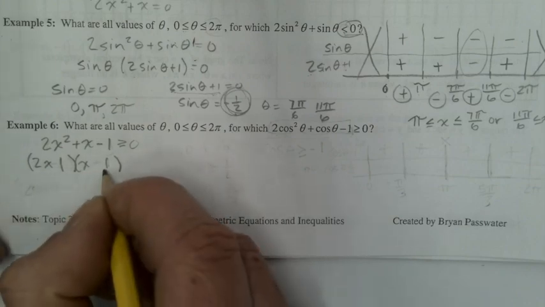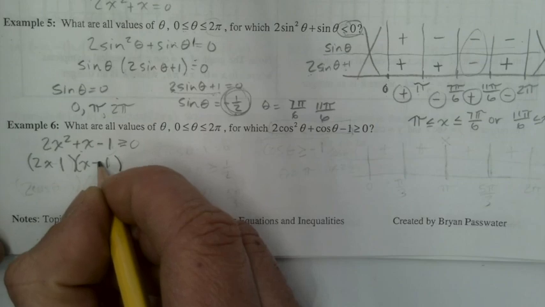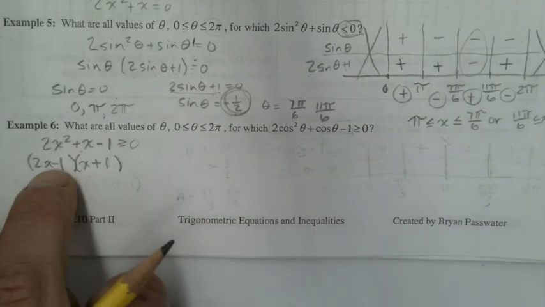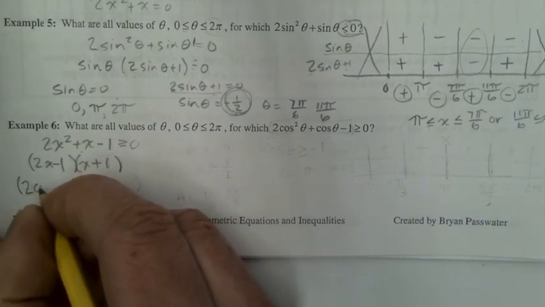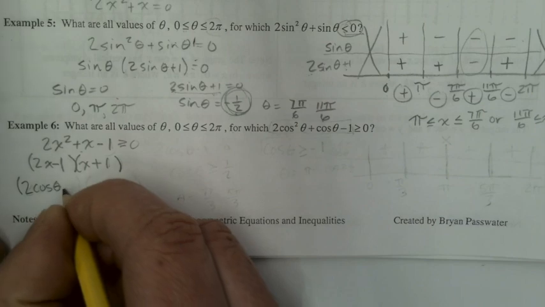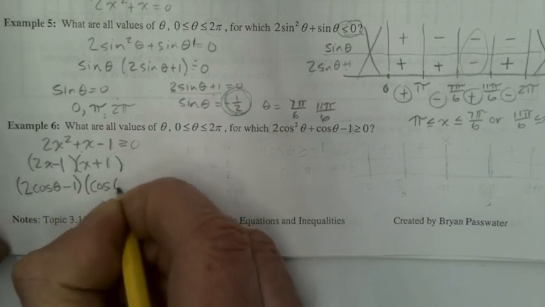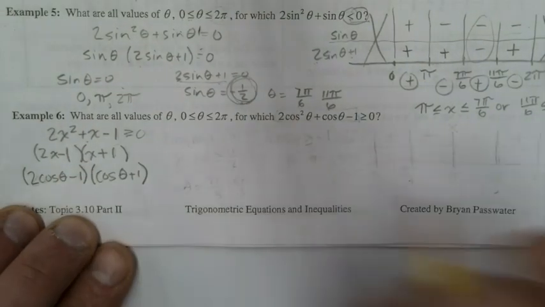One of these has to be negative. Since the middle term is positive, I would make the multiplier with 2 positive, and this one would be the negative. So then here, I just take that, and instead of x, it's a cosine theta. So it's the same exact strategy for factoring, except that I have the cosines involved.